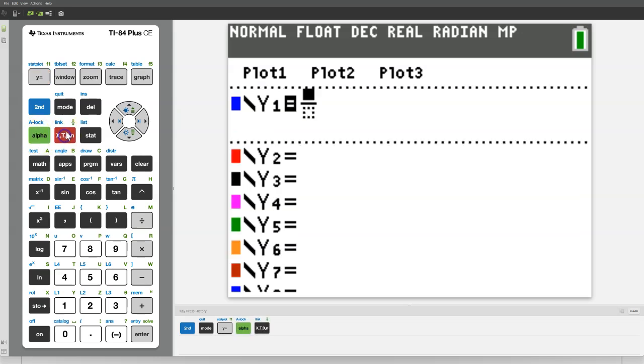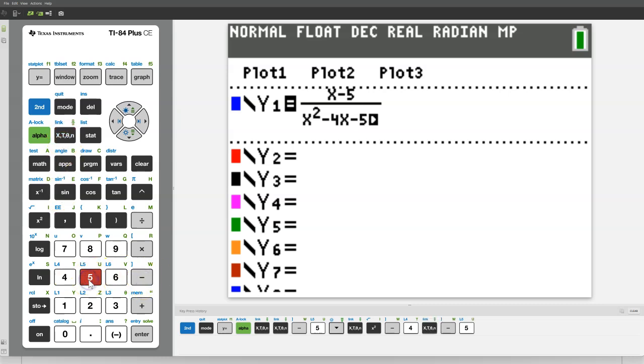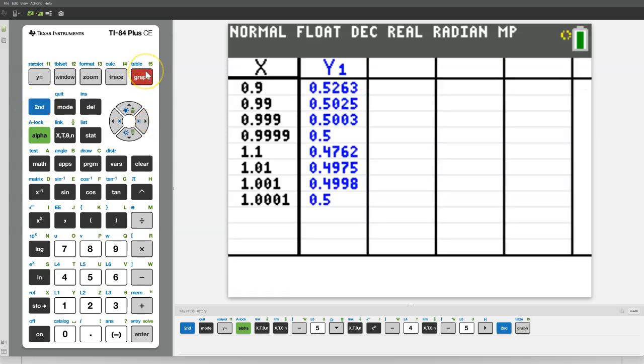So I'm going to use the fraction feature, and then my numerator is x minus 5, and my denominator is x squared minus 4x, and then minus 5. Okay, so once I'm here, I can push second and then table, and then that will take me to my table.